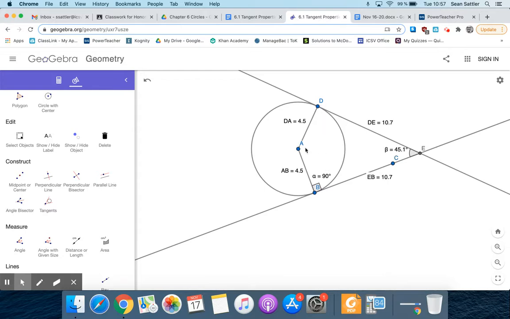So there's only 180 left, and then we can subtract the 45.1, and that should be the measure of this angle. So if you have this exact figure with intersecting tangent lines, you're always going to get a kite. And so this angle here is always going to be supplementary with this angle. So it's kind of hard to say in words.